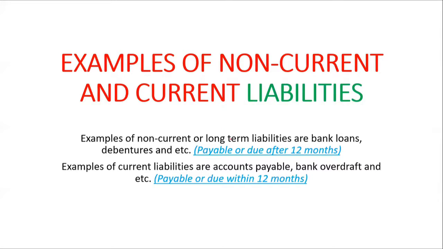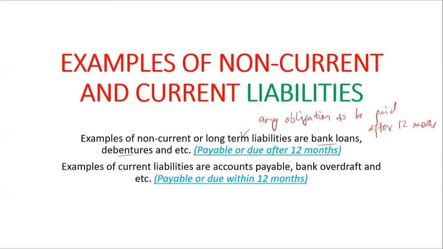Moving on to examples of current and non-current liabilities. Non-current liabilities, also commonly known as long-term liabilities, are bank loans and debentures, and any type of obligation which has to be paid after 12 months. That's the rule.